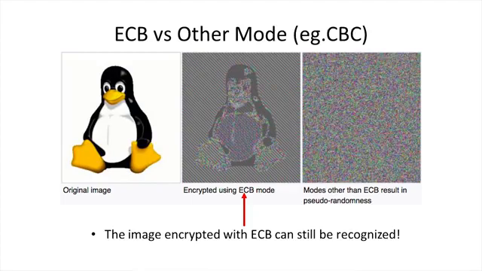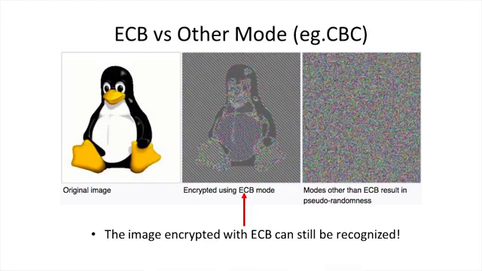Here we show the famous example: the original Linux logo image is encrypted using the AES ECB mode. Since there are so many image blocks in the original message that have the same pixel values, the encrypted blocks also have the same cipher values.